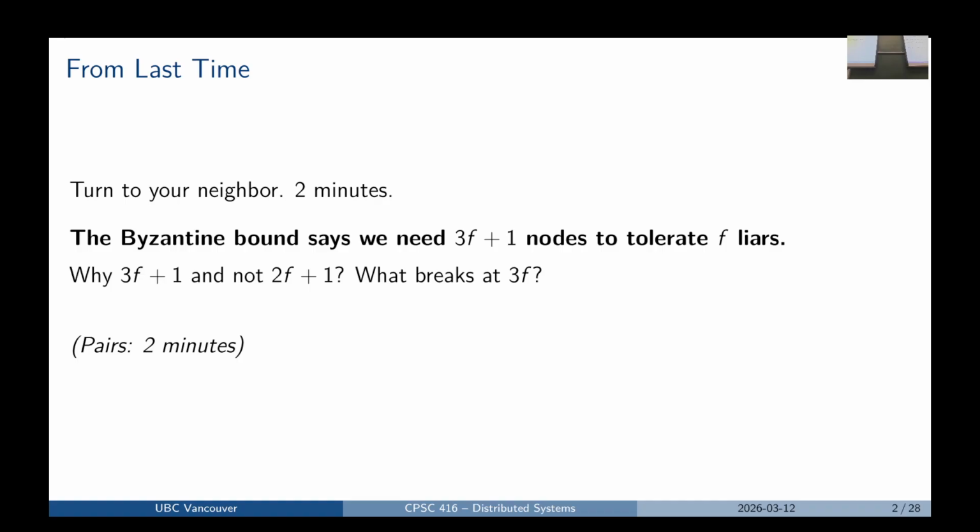All right, so what did you come up with? Why do we need 3f plus 1? So the overlap of 2 quorums always has a good node. Right, go back to quorum.